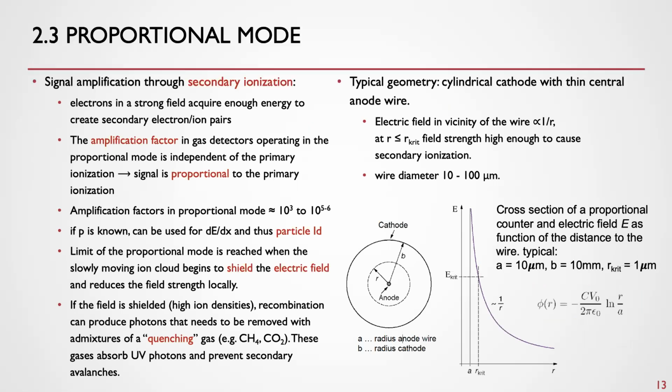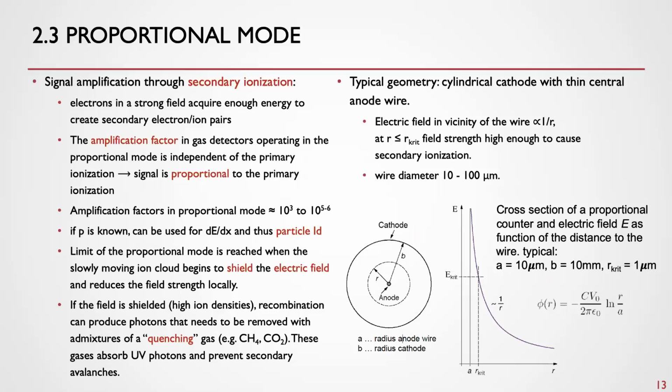Let's say we have a wire with a thickness of 10 microns and a cylindrical detector with a radius of 10 millimeters.